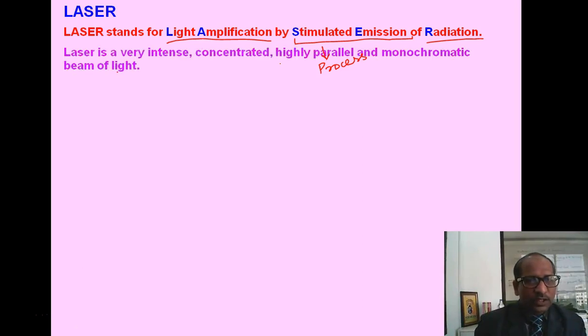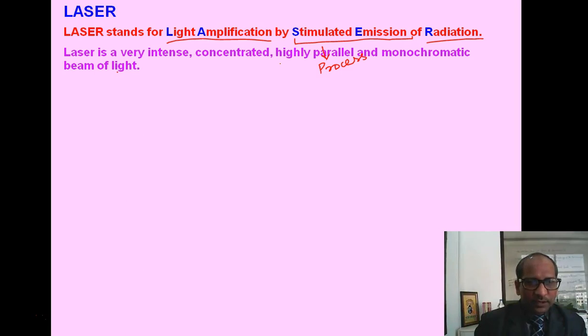And what is that process? That process uses stimulated emission, and we amplify the radiation. So here the main important process is stimulated emission. So laser stands for light amplification by stimulated emission of radiation.